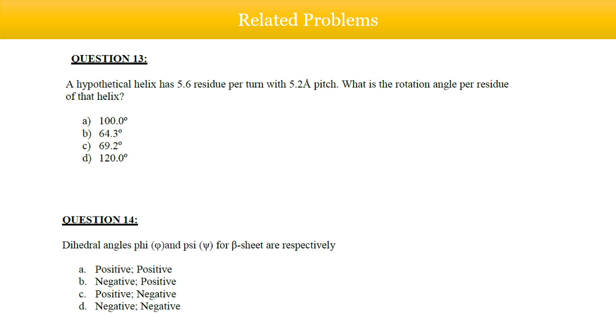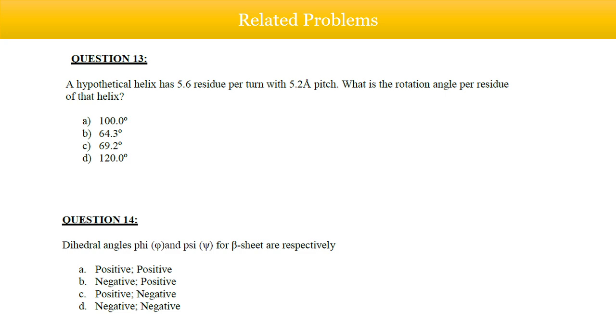So how do you do this? What is the total rotation that can actually occur? That is 360 degrees, right? And how many residues are there per turn? 5.6 residues. So what is the rotational angle per residue of that helix? 360 by 5.6 residues.